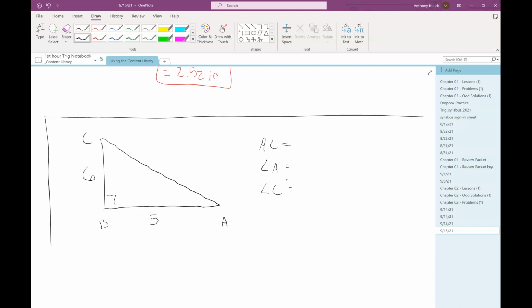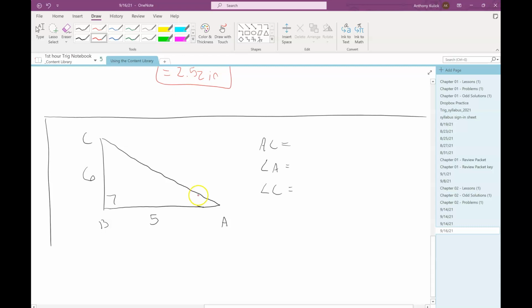It doesn't really matter which one we start to find first. They're all accessible. What do you guys think here? Which one would you want to start with? To find angle A, you say? Okay, let's do that then.